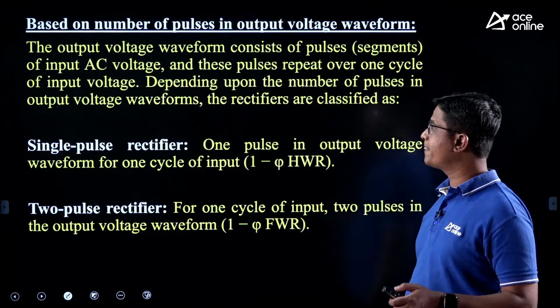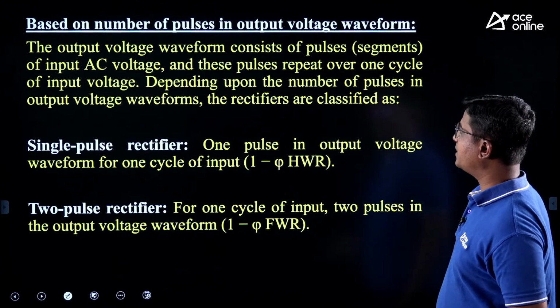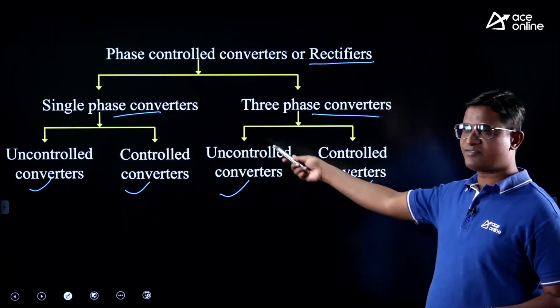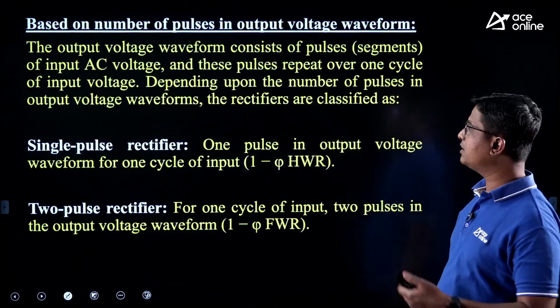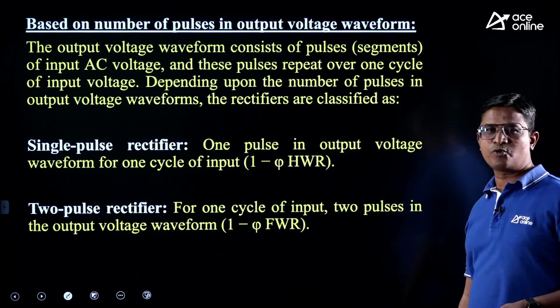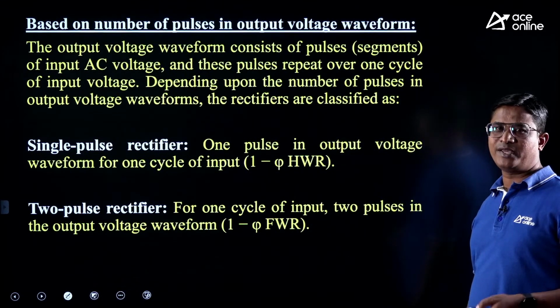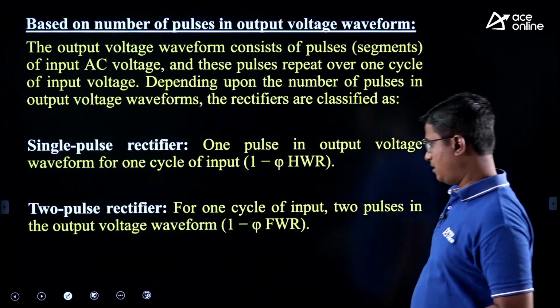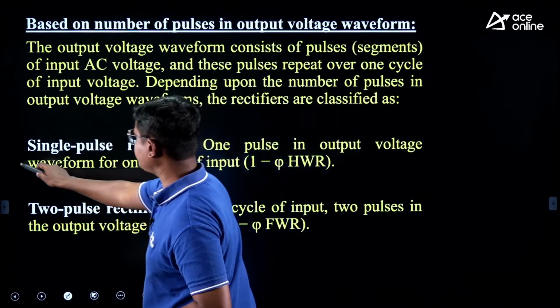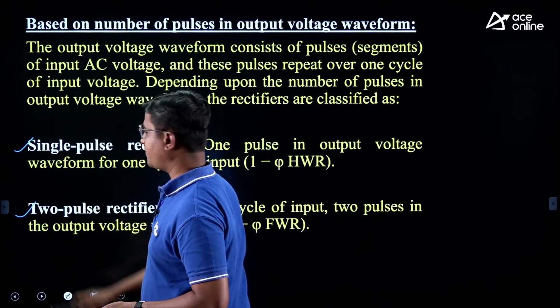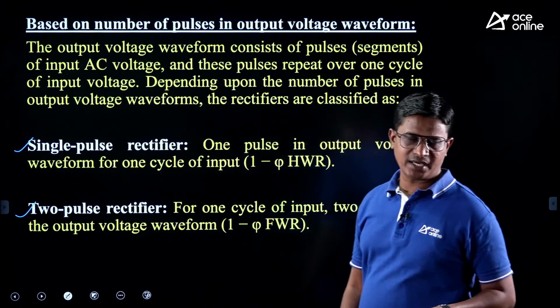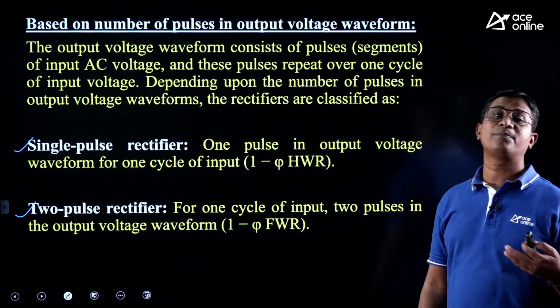Alright, next. So based on the number of pulses, this is a general classification, right? In addition, based on the number of pulses of output voltage waveform, we are having various types like single pulse rectifier, 2 pulse rectifier, 3 pulse rectifier, 6 pulse rectifier and 12 pulse rectifier.